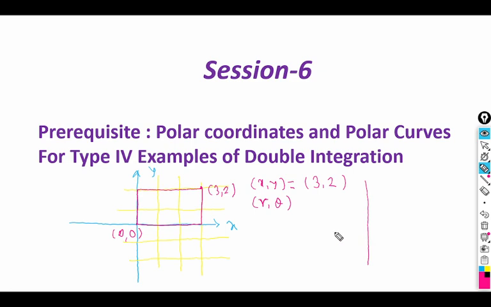We have a point P of xy, any point in the plane. This point has Cartesian coordinates x comma y, and if we transform to polar, the coordinates become r comma theta. The position of the point remains the same. For this point, the Cartesian coordinates are xy, and its equivalent polar coordinates are r theta.